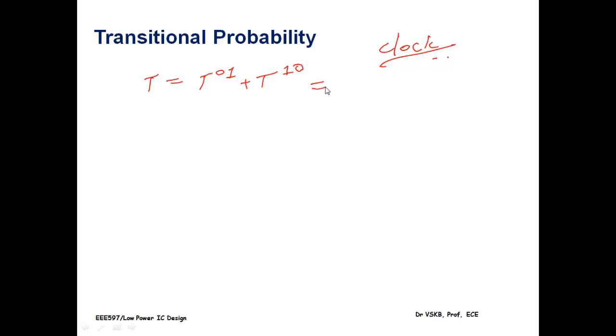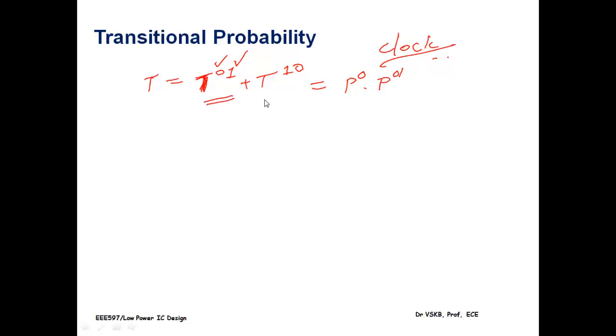And we know from the previous page that the transitional probability T01 is going to be there only if I had my 0 existing, that is P0 existing, and if there happens to be a 0 to 1 state change, that is P01, only then my T01 would be there.